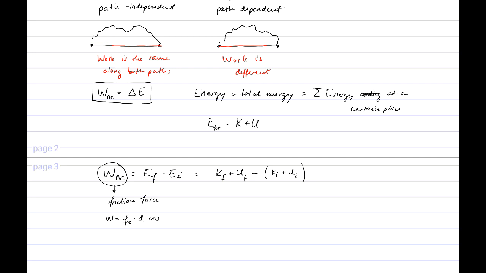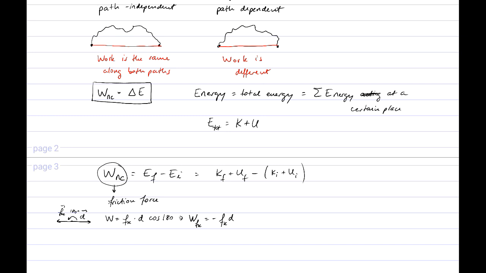If the displacement is in that direction and friction will retard the motion, so it's going to be in this direction, then the angle between them is 180 degrees. So then we have cosine 180, which is -1. So work done by friction is going to be negative Fk times d.